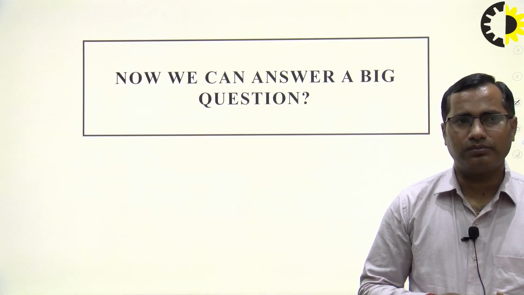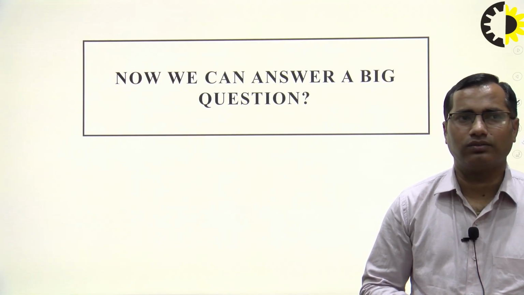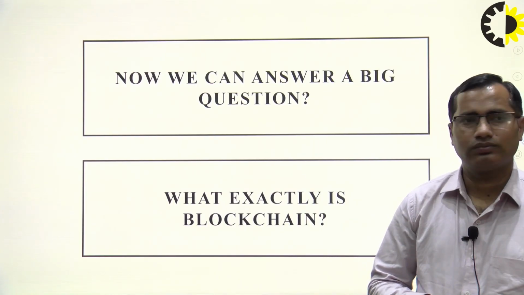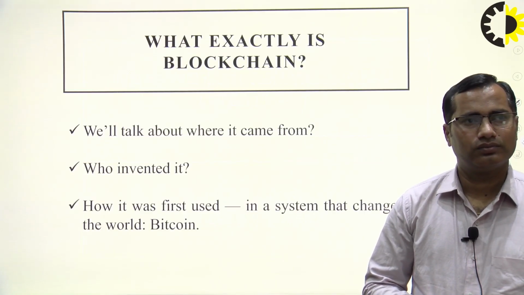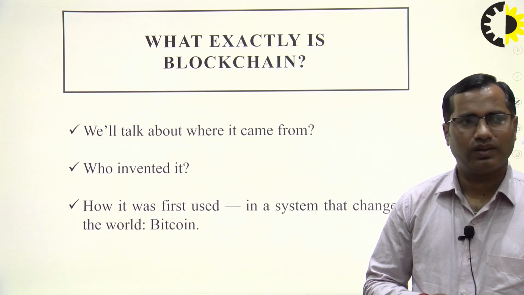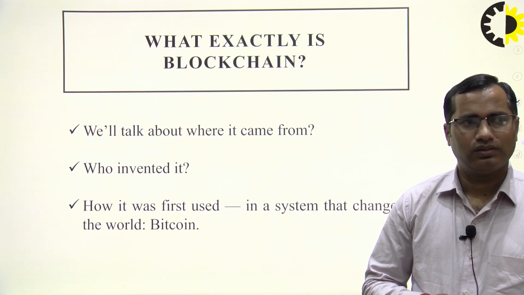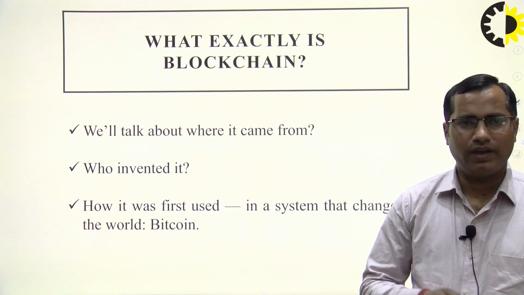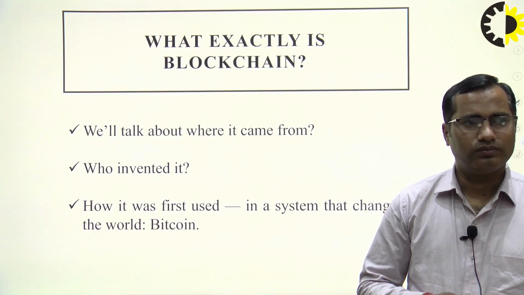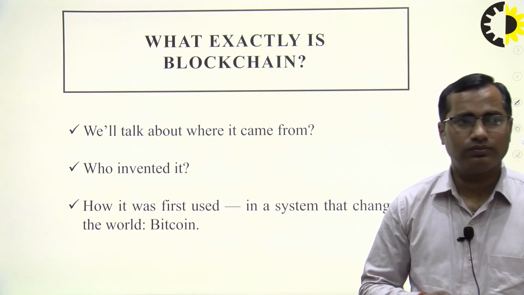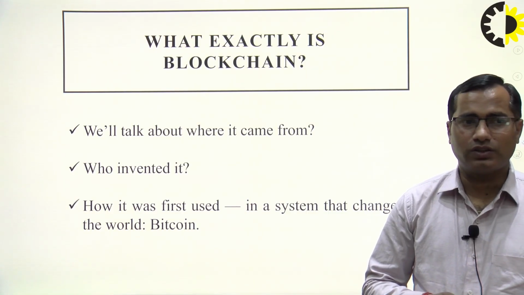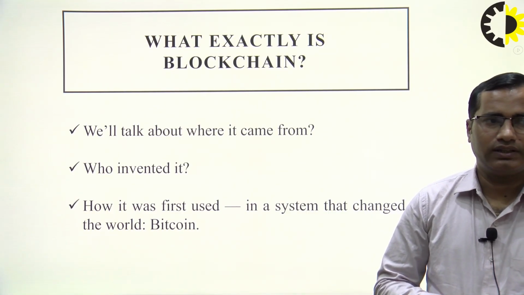At this step, we can answer the big question: what exactly is blockchain? As we have discussed blockchain, next we will talk about where it came from, who invented it, and how it was first used in a system that changed the whole world.